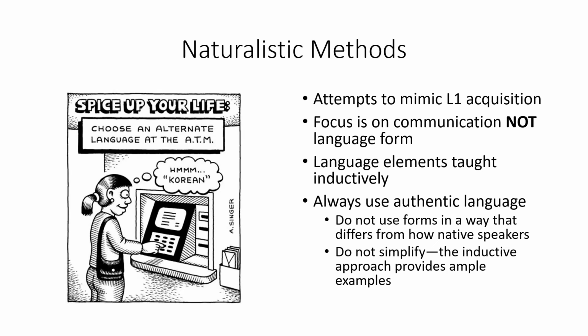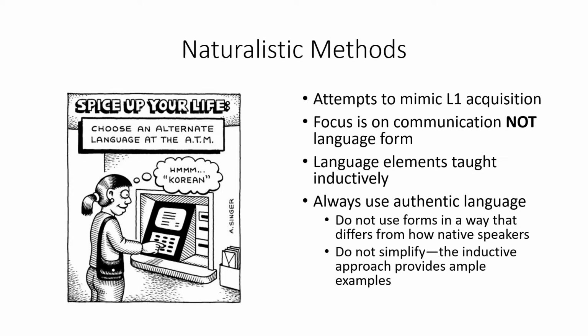And I just want to review a little bit about the naturalistic methods and what the characteristics of those methods are. So all of the naturalistic methods attempt to mimic the way that first languages are learned.